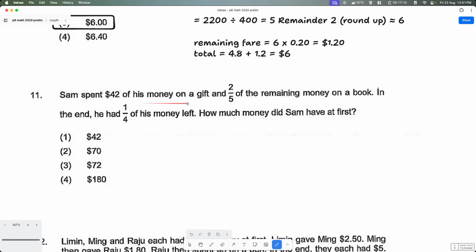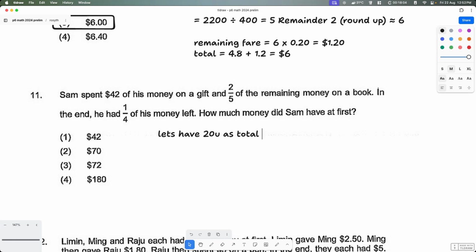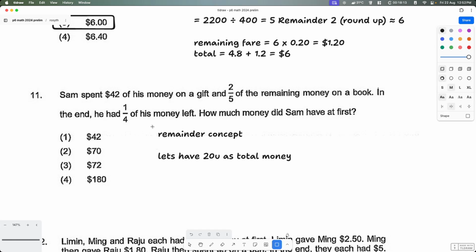So he spent $42 on his gift, and the remaining, let's have 20 units as total money. Okay, so this is a remainder concept. So let's have 20 units as his money in this case over here.